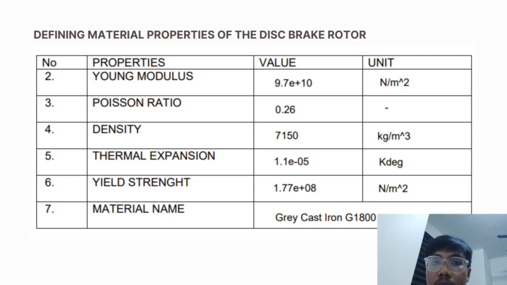As stated, the Young's modulus of the iron is 9.7 exponent 10, Poisson's ratio 0.26, with a density of 7150, a thermal expansion of 1.1 exponent negative 0.5, and a yield strength of 177 exponent 0.8.